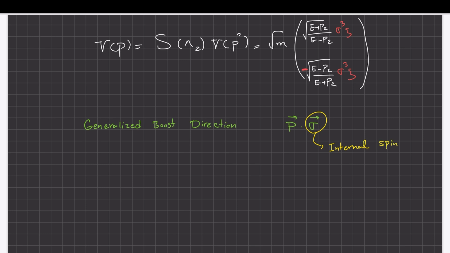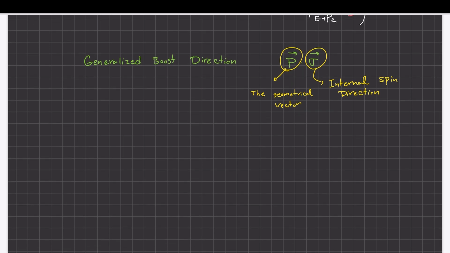This sigma represents the internal spin direction, the way that we represent sigma 3, sigma 1, sigma 2, and p is the geometrical vector for the direction of the momentum.